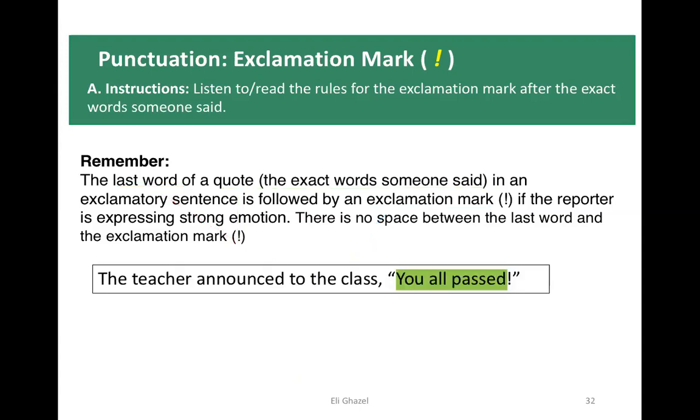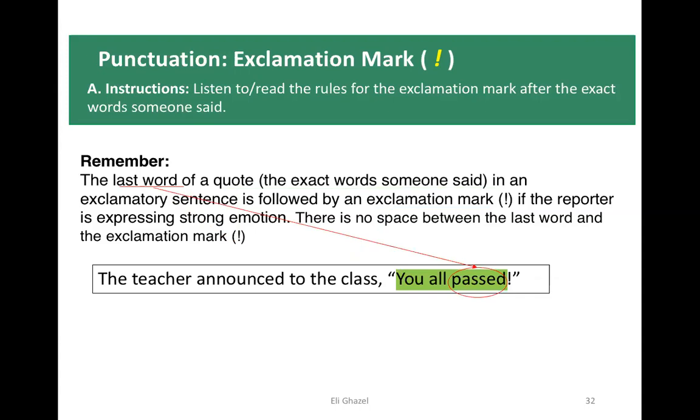Now, let's look at it again with the speaker and the reporting verb at the beginning. The teacher announced to the class, "You all passed!" Well, I think the teacher was pretty excited about that. So let's look at the last word in the exact words someone said. "You all passed." Passed is the last word.